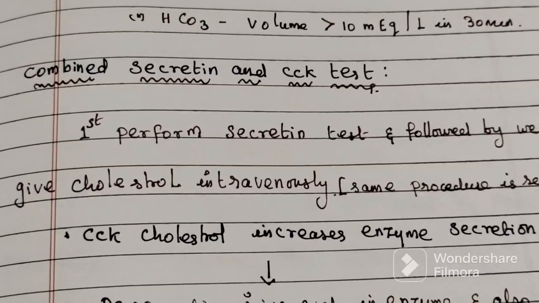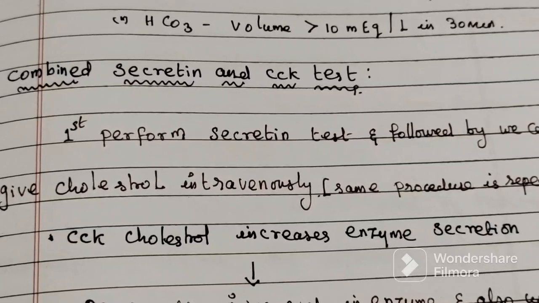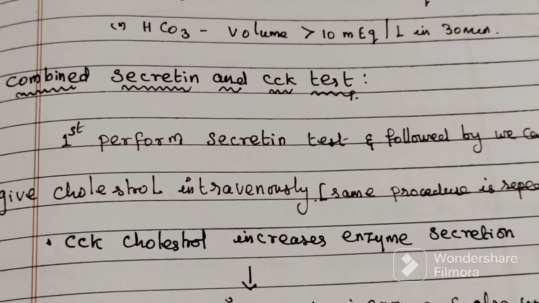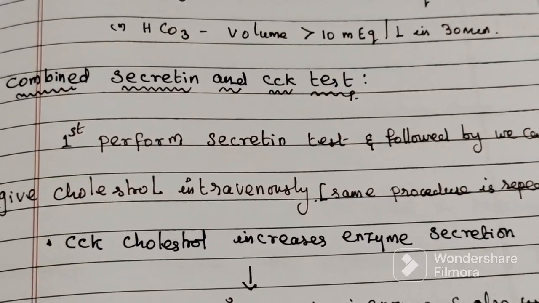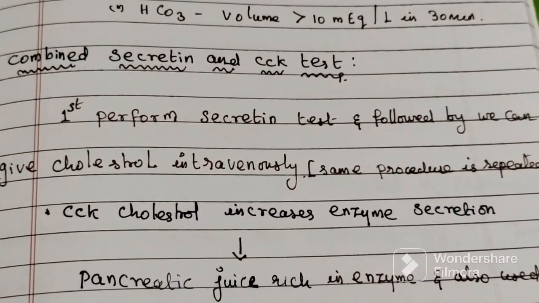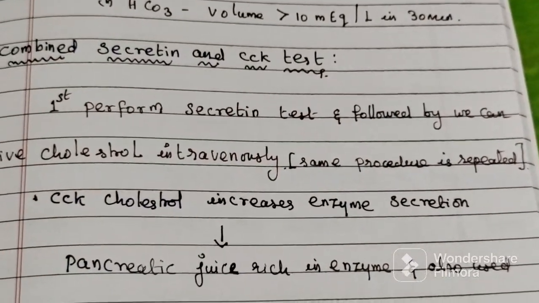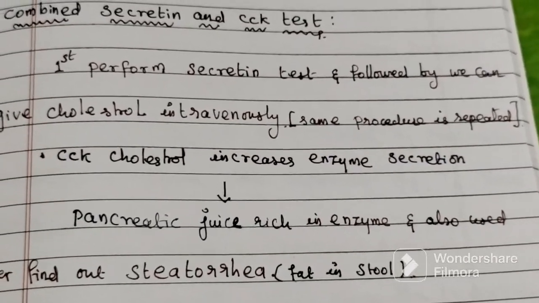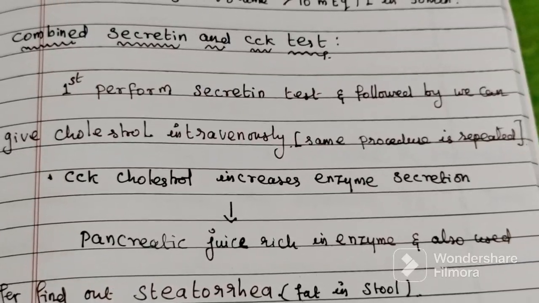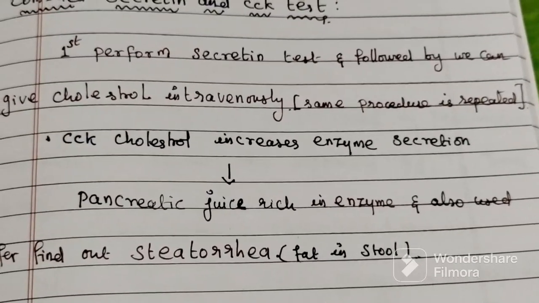In the next test, we use secretin as well as cholecystokinin, in combined form. First we perform the secretin test, followed by intravenous cholecystokinin, and the same procedure is repeated. CCK increases enzyme secretion, so you get pancreatic juice rich in enzymes.